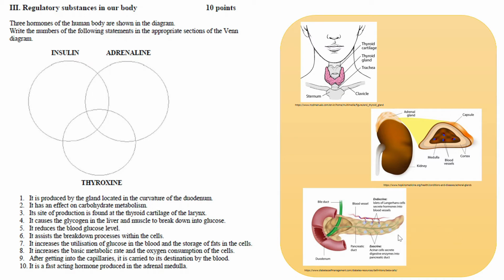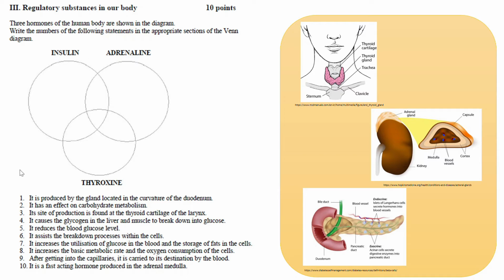And then insulin is produced by the pancreas, the beta cells of the pancreas, the endocrine function. So the beta cells of the pancreas are responsible for producing this hormone, which is very important because it helps us to lower the blood sugar level.